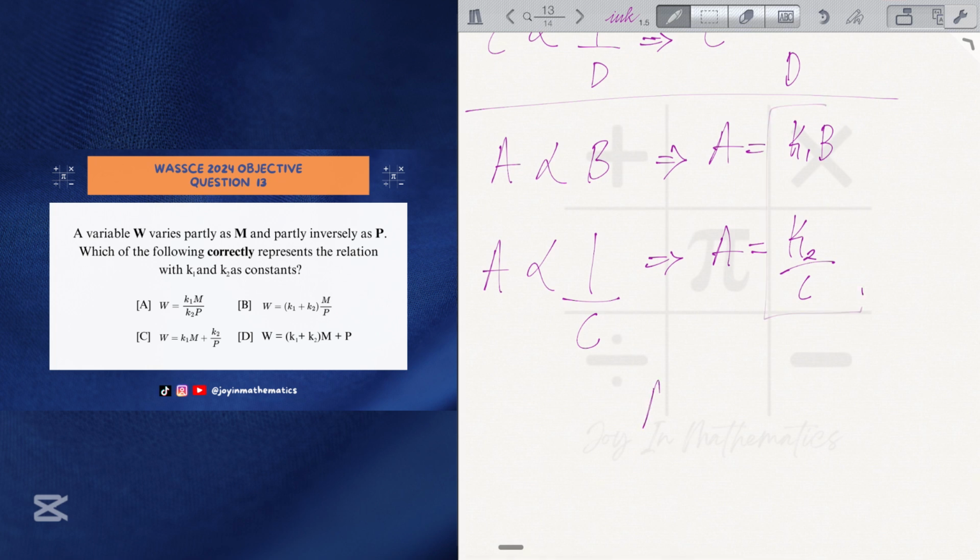So we are saying A will be equal to K1B plus K2 over C. So with that, now let's go back to the question.